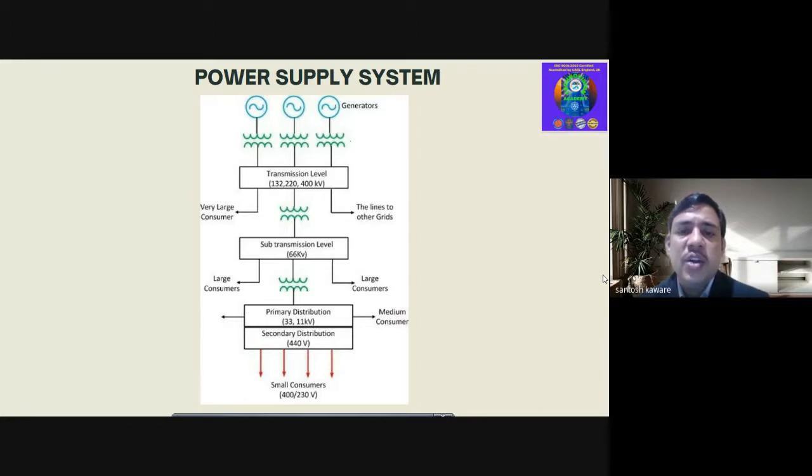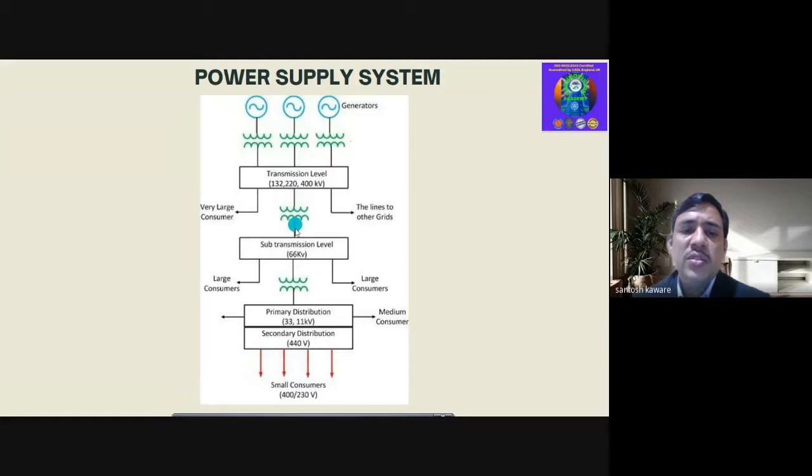There may be chances that you can supply directly to consumers here. These are very large consumers, which might be on your 132 kV or 220 kV level also. And you can even connect with the other grids also.